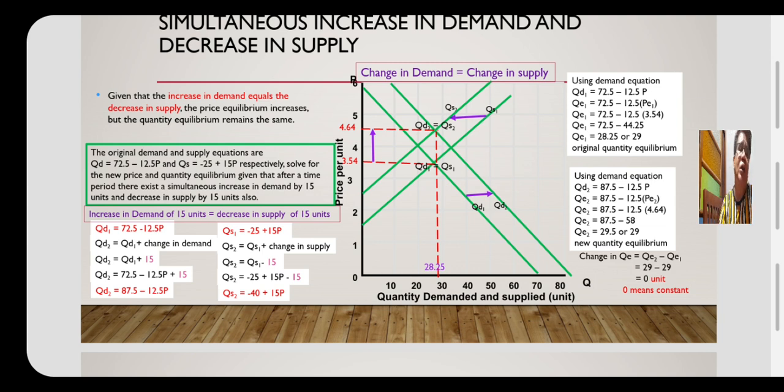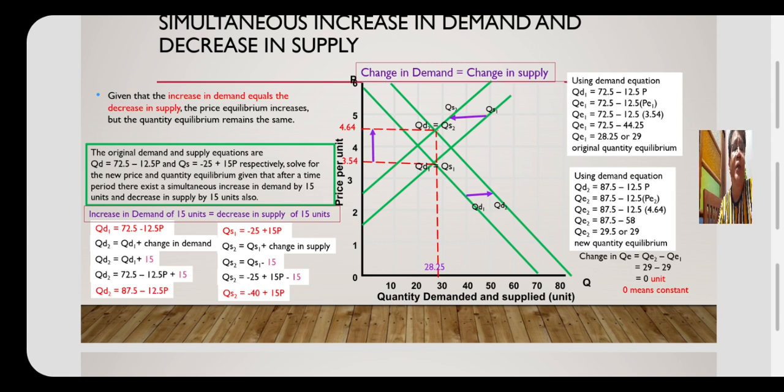So it's a matter of decimal places difference, and due to our not using fractions, that's why we have this difference in values by an insignificant amount, so that it's a matter of rounding off numbers. So that is to say, the original quantity equilibrium is not different significantly from the new quantity equilibrium.